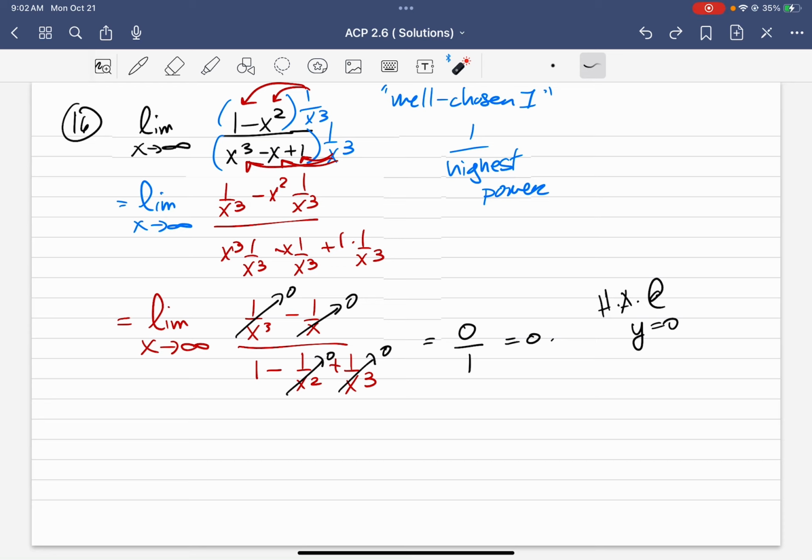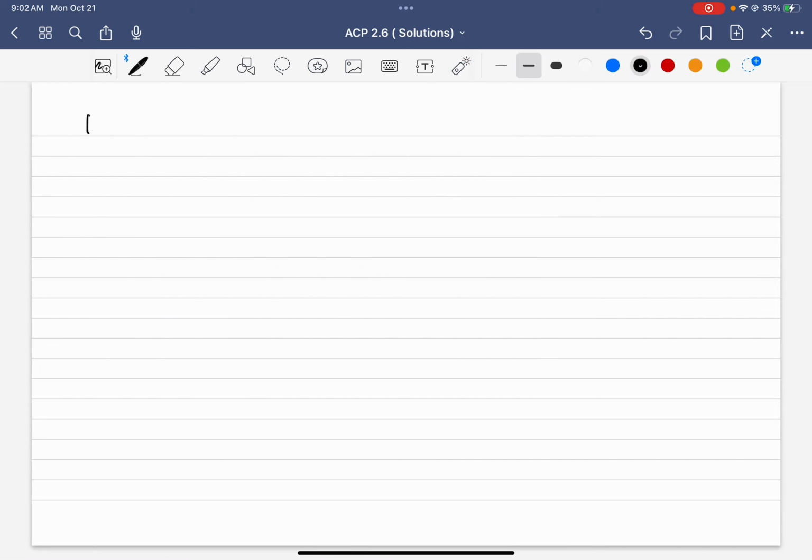Let's look at 18. Second verse, same as the first, but in this case we're going to have a limit as x goes out to negative infinity of 4x cubed plus 6x squared minus 2 over 2x cubed minus 4x plus 5.